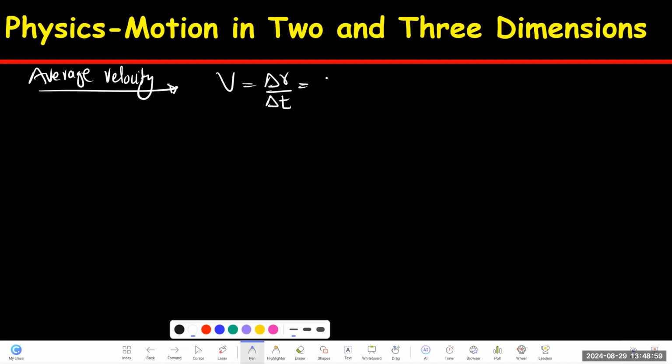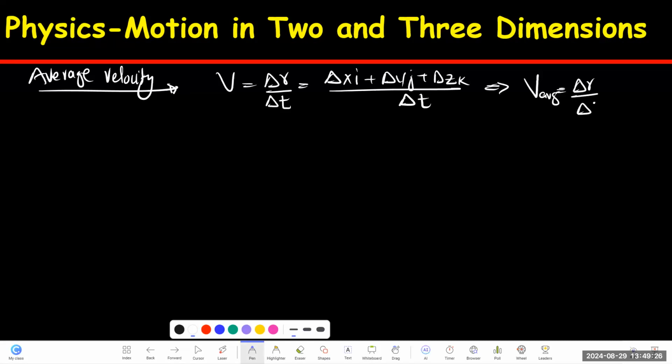Delta r has three components: delta x i plus delta y j plus delta z k, divided by delta t. We can also write it like this: v average. And average means we have two points, and we're going to take the average between the two. So delta r over delta t.